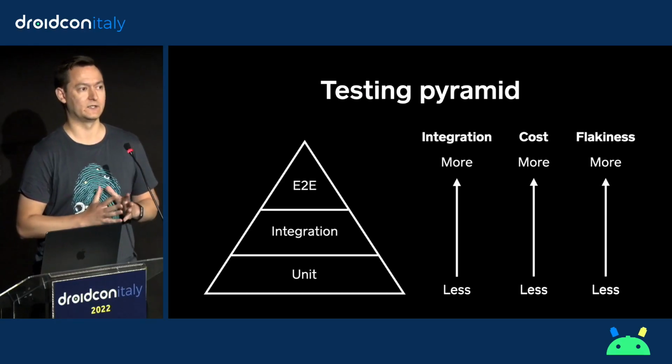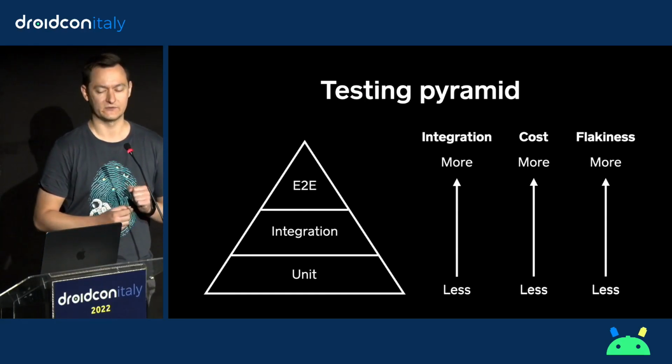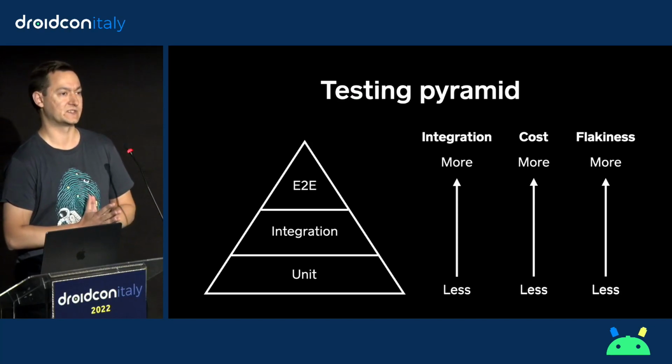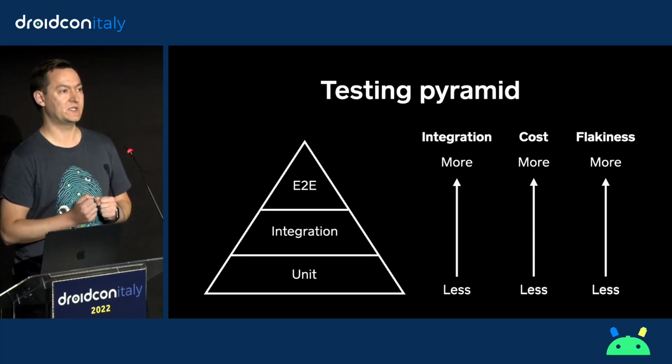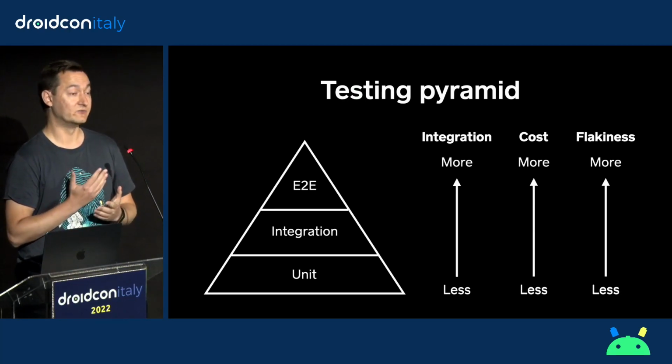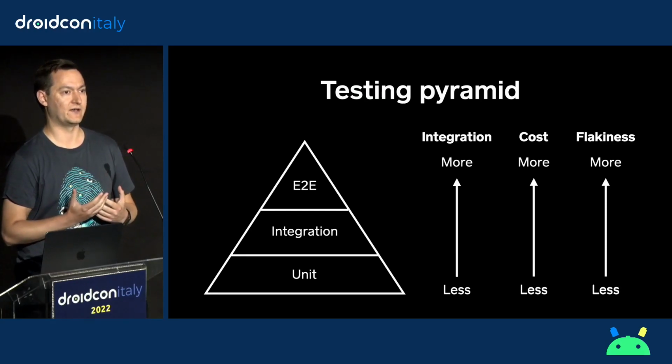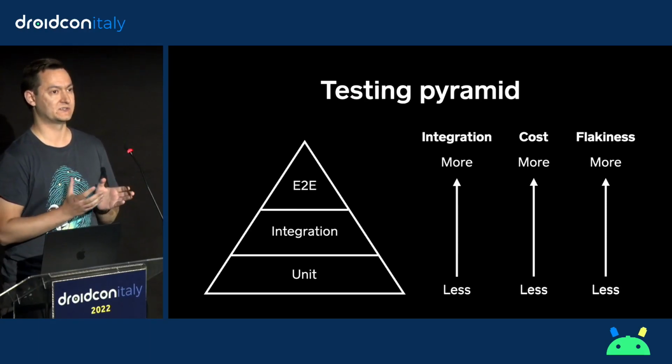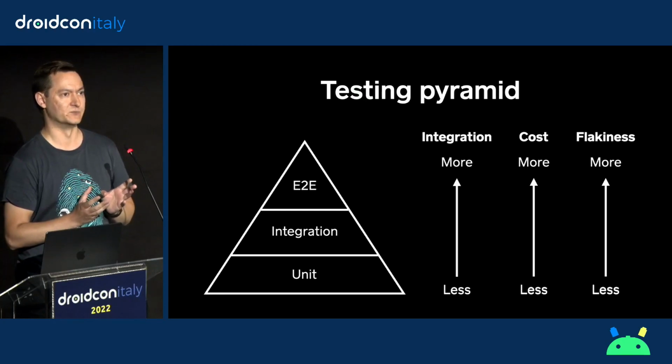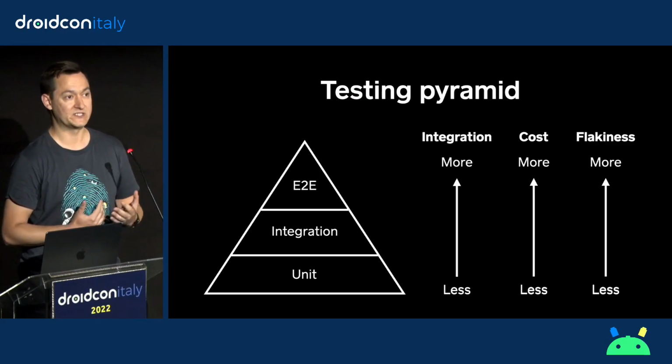And lastly, flakiness. I wanted to point out that flakiness is a very important aspect of testing. The statement that I want to make is that having flaky tests is probably worse than having no tests at all, because if your tests are super flaky and they fail randomly all the time, developers just stop trusting them, and it's a wasted effort.